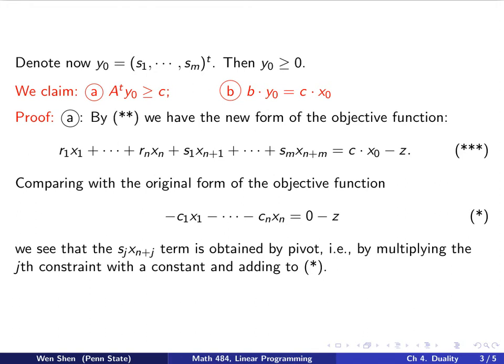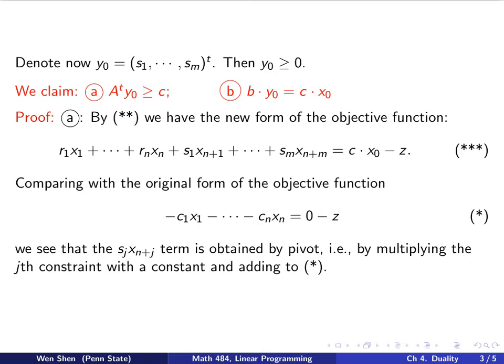Okay, let's compare this form of the objective function with the original form for the max problem. There we have negative z equal to negative c1x1 minus all the way to cn xn. The original is z equal to the plus of it, but then we write it into a minimization problem, so we put a negative sign overall.